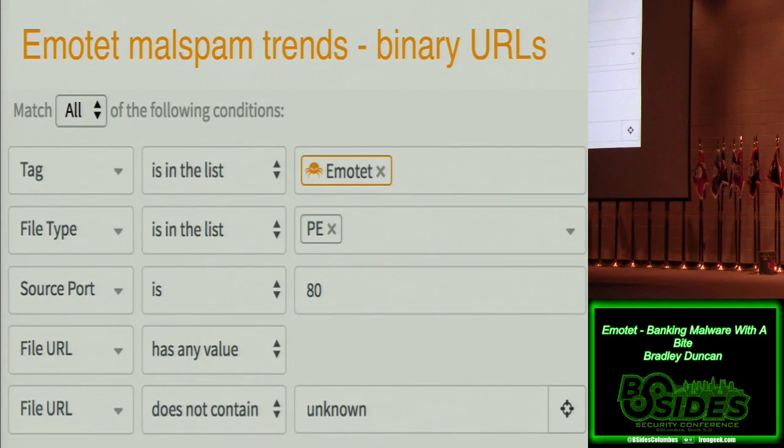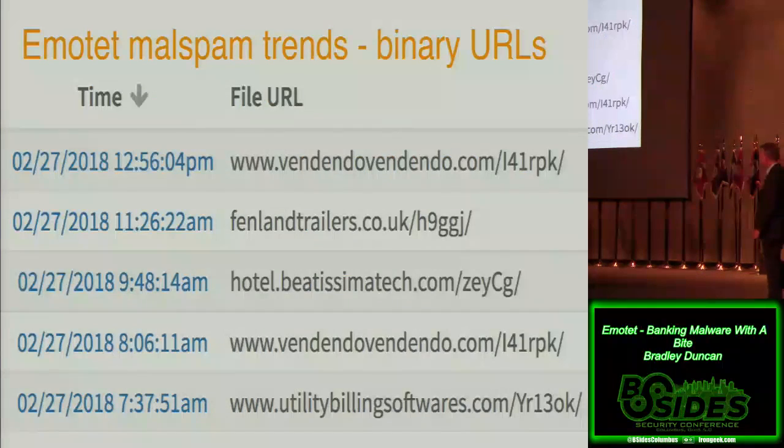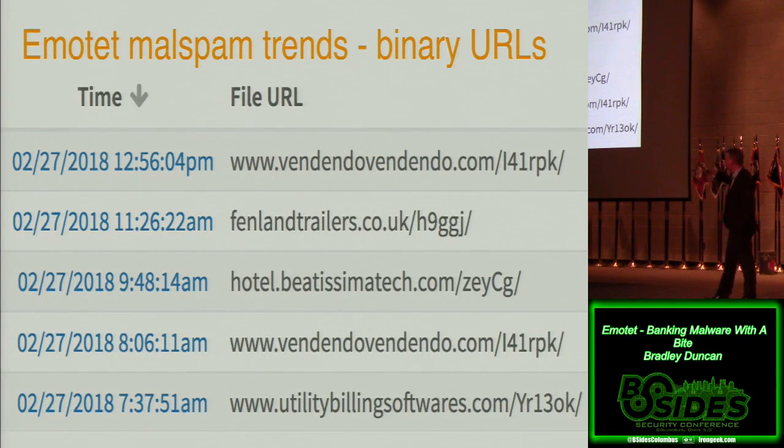So now if I were to look at, instead of Word documents, I use the same criteria and pull on the PE32, the Windows executable file. I did that on Tuesday, and here's a good example. Now these follow slightly different URL patterns, but if you actually plug these into your regular browser, you can get the Emotet binary.